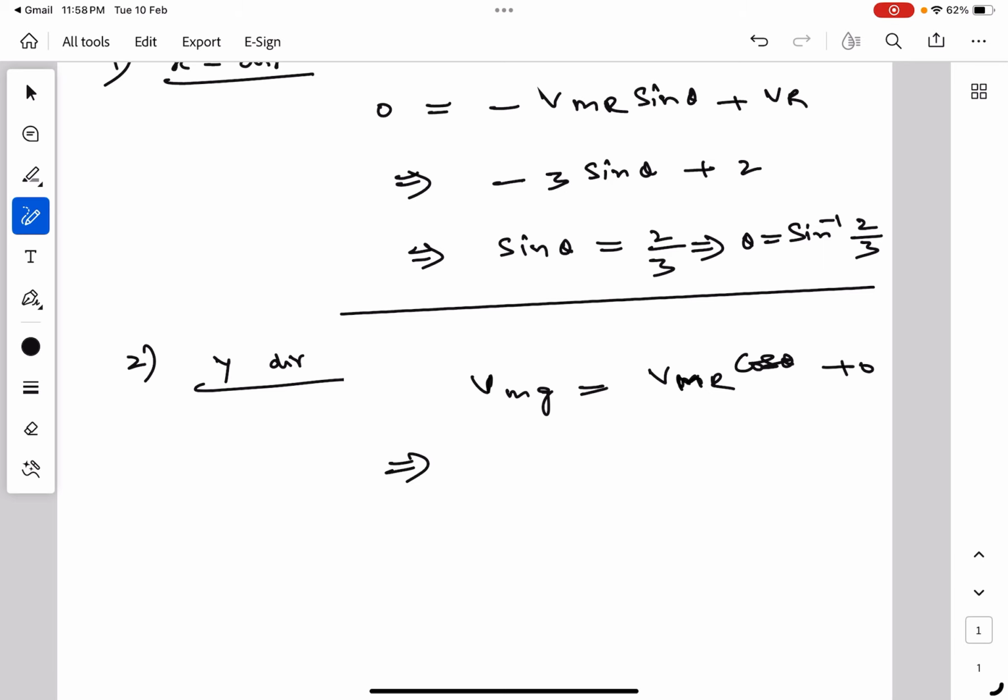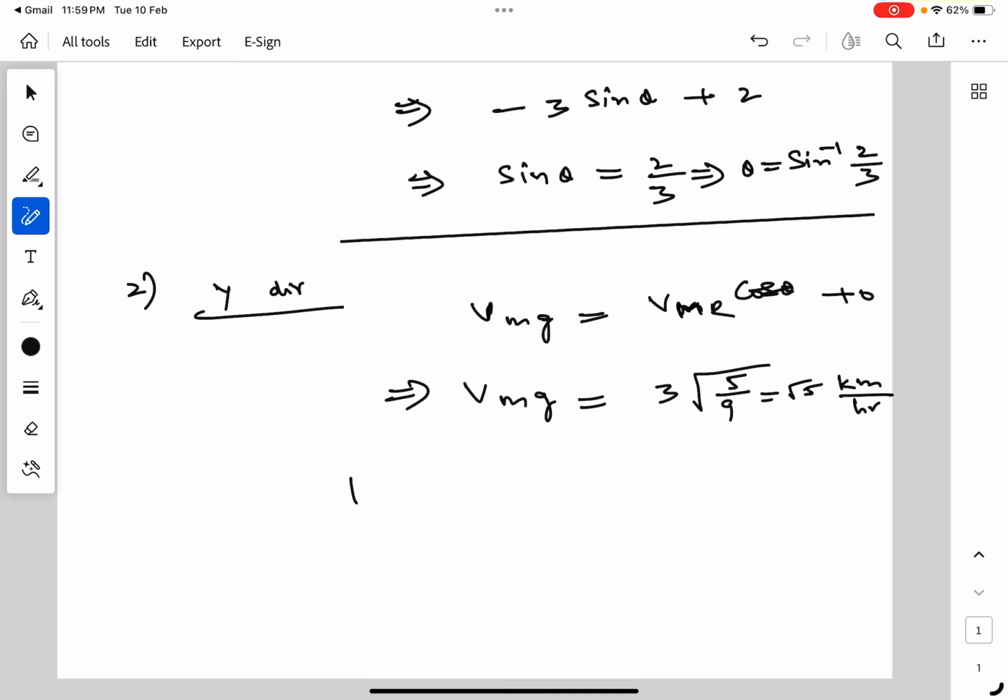So this will give us velocity of man with respect to ground is equal to 3 cos theta. Since sin theta is 2 upon 3, cos theta will be equal to root of 5 upon 9. So this is equal to root 5 kilometer per hour.